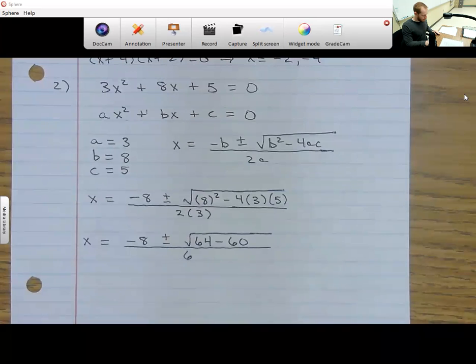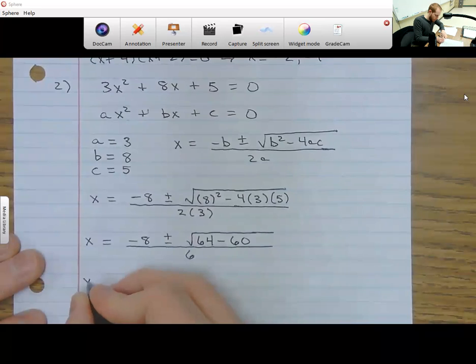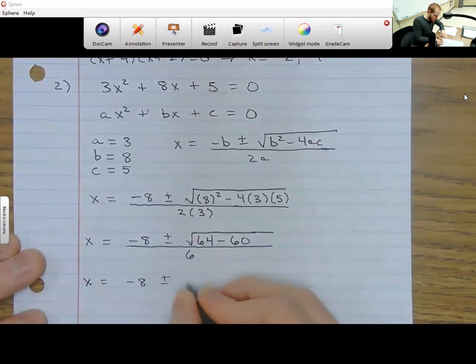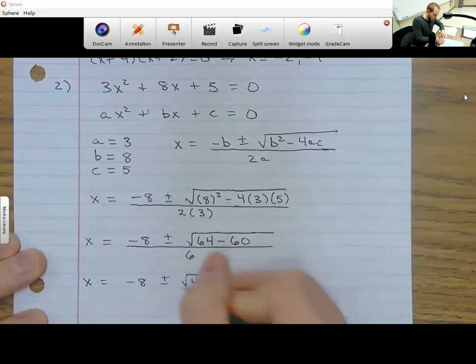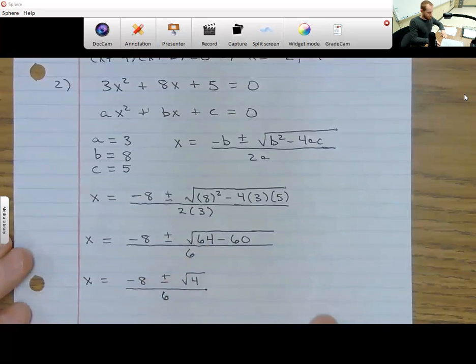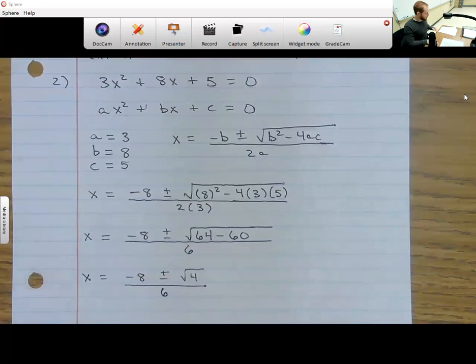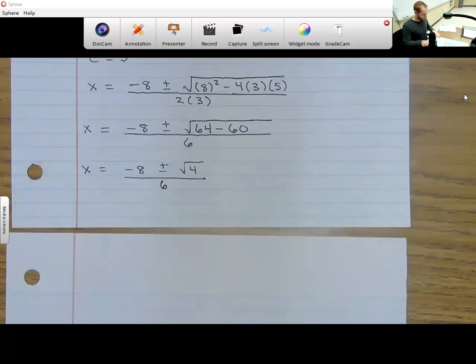So continuing right along, we're going to simplify the radical and see what that gives us. So I've got negative 8 plus or minus the square root of 64 minus 60. That's going to give me 4. And everything is divided by 6. Okay. That's good because we can take the square root of 4. So the square root of 4 is going to give me 2. Right?